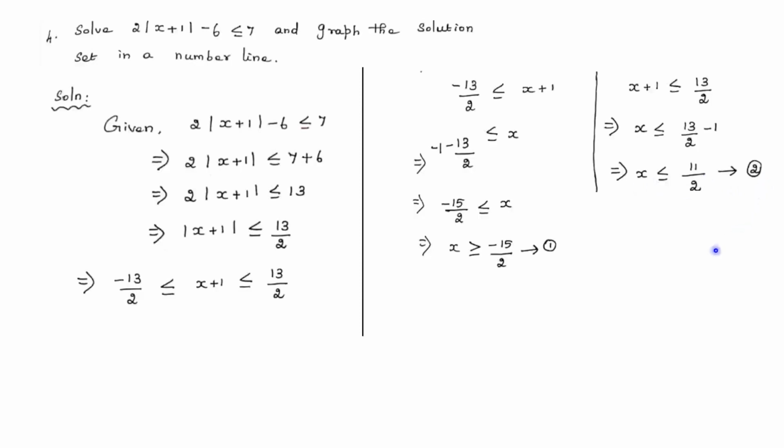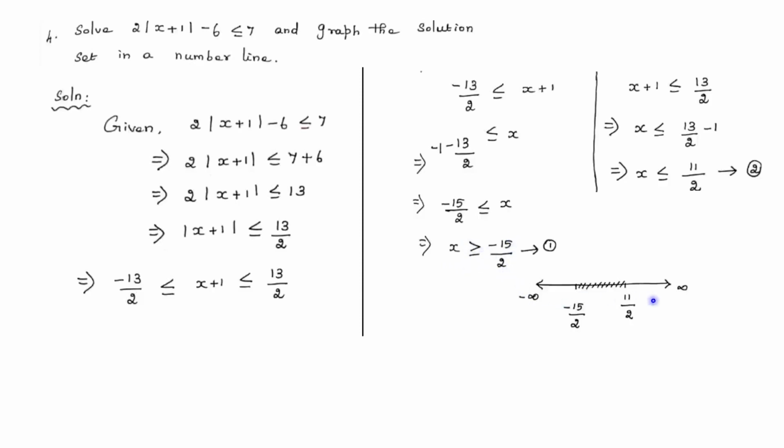Next we are going to draw the number line with the ends as minus infinity to plus infinity. Then you have to represent the first number as the smallest number, here minus 15 by 2, and the second one as the greatest number, that is 11 by 2. Okay, then you have to shade the portion like this. See this, here the x value is greater than or equal to minus 15 by 2. They have said it must be greater than minus 15 by 2.